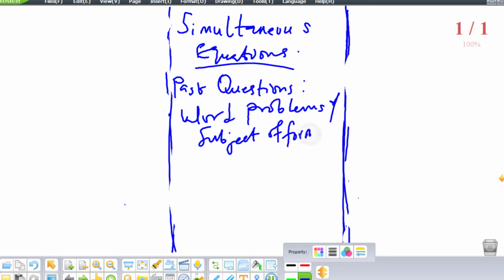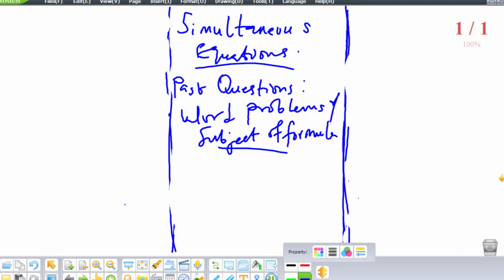So, we'll be taking a brief overview of simultaneous equation now, and then we go to the past question, commence our crash course, then solve some questions on different word problems and subject of formula.